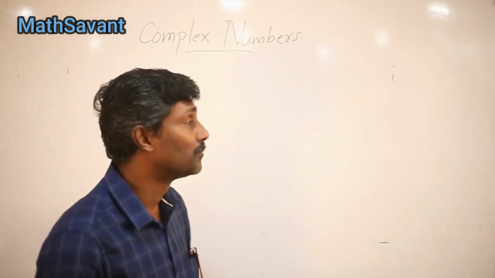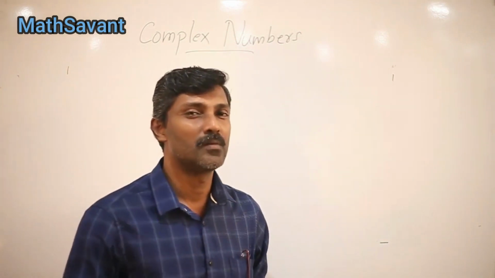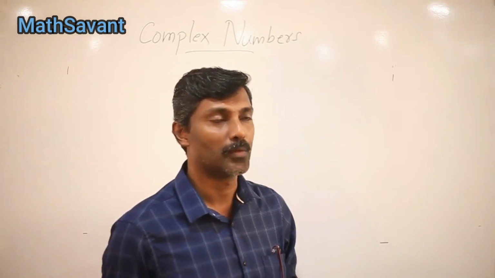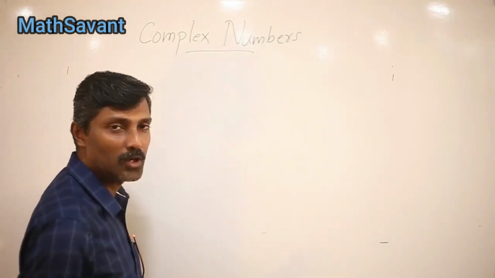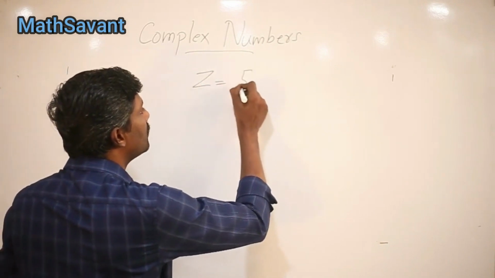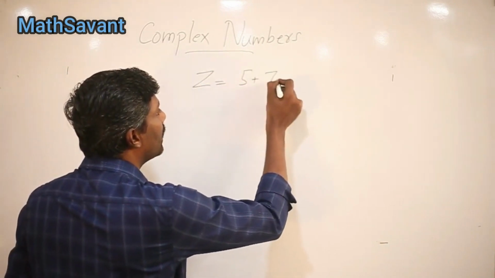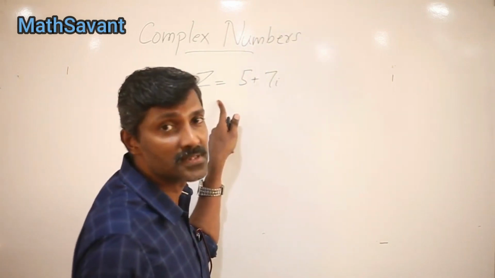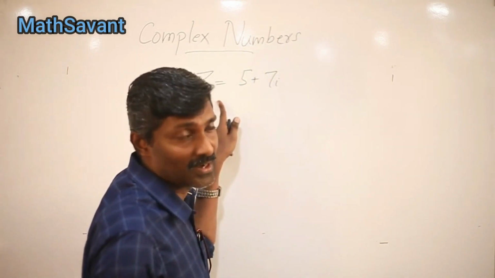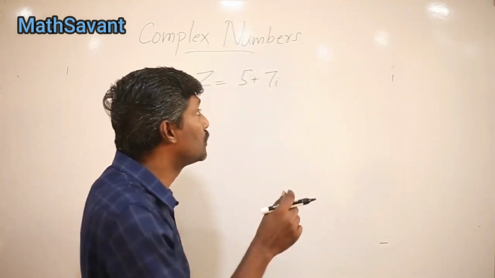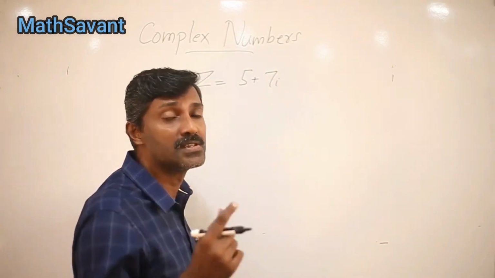Right, so let's do some problems on the additive inverse and the multiplicative inverse. Suppose I have a complex number Z equal to 5 plus 7i, and I'm asked to find the additive inverse of this number. Very simple. It is that number which when added to this number gives 0.